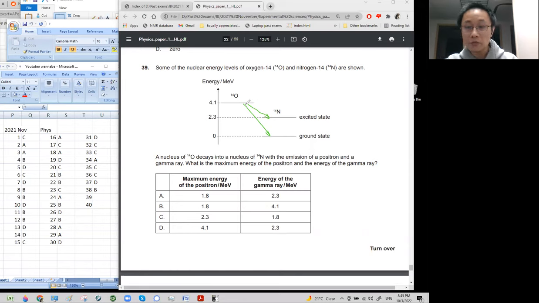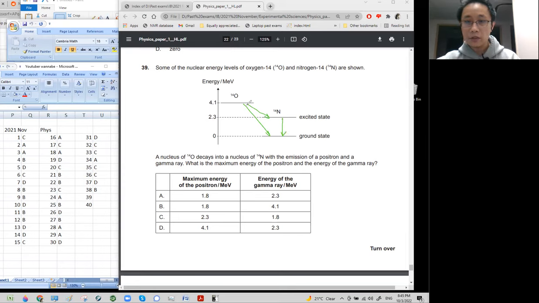It's possible that you release 4.1. Wait, do they say that the nucleus decays into a nitrogen 14 nucleus with the emission of a positron or gamma ray? Well, the gamma ray will be emitted as this.